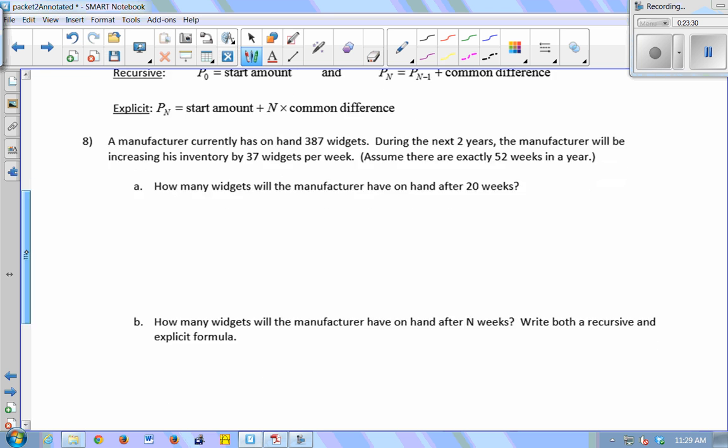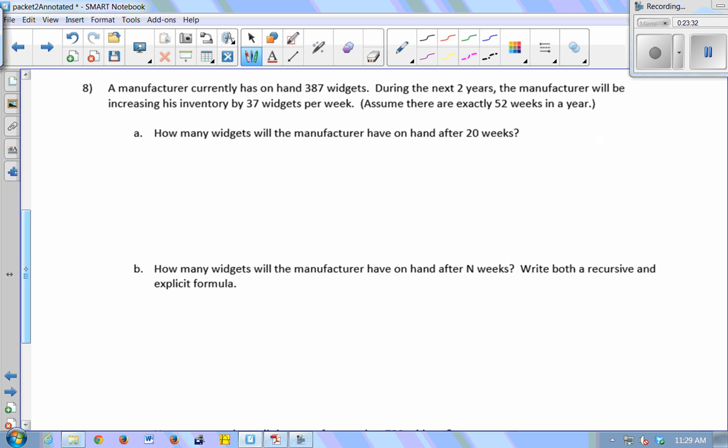All right, so let's move on a little bit. A manufacturer currently has on hand 387 widgets. And over the next 2 years, he wants to increase his inventory. There are certain reasons that manufacturers might do this, like sometimes you get a better price for your product at a certain time of year.